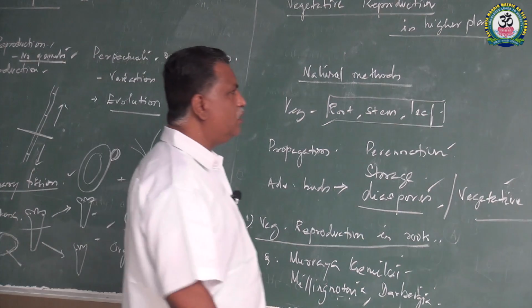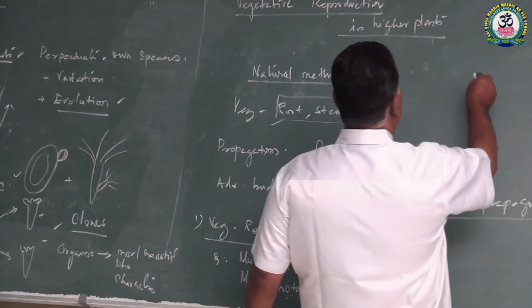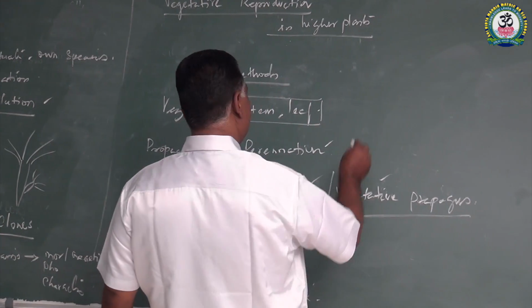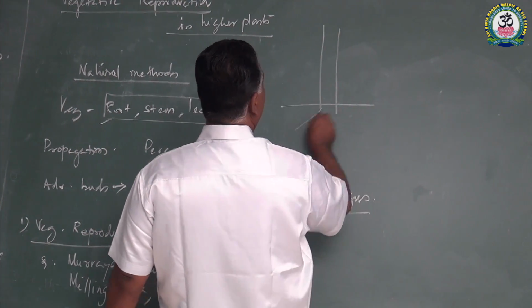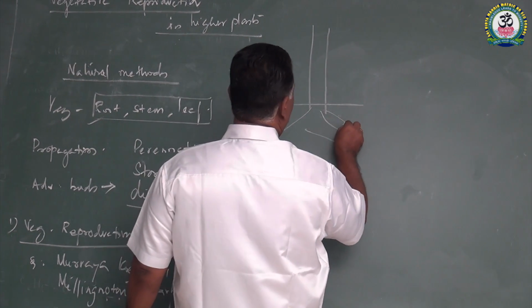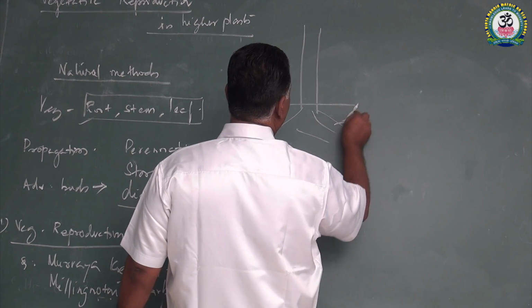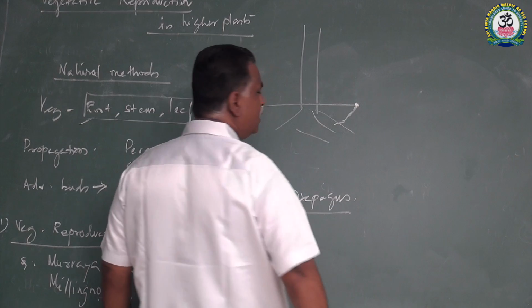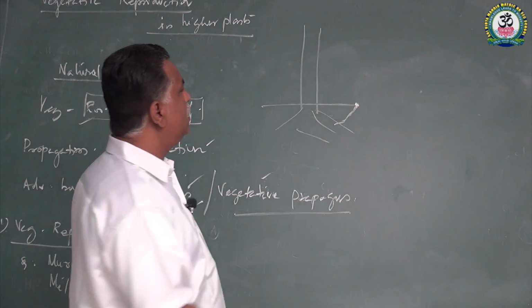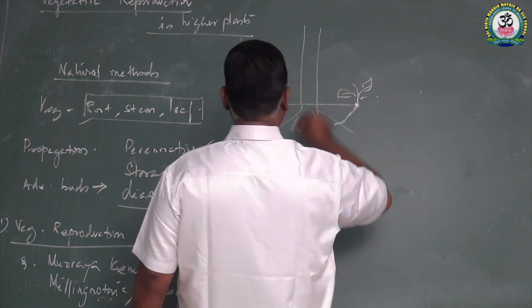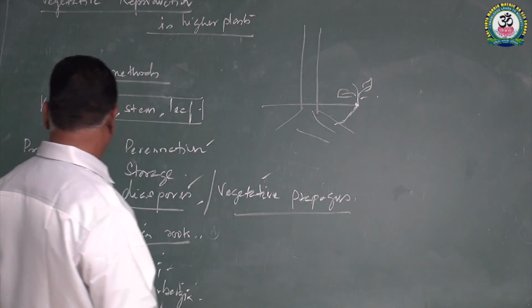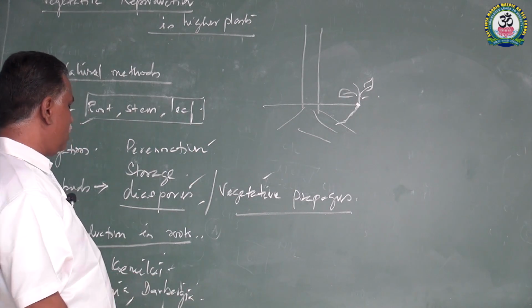See, you would have seen the Murraya plant, the curry leaf plant. If the stem is there and here are roots, some roots are aerial, and they produce an advantageous bud that can grow into a new plant. So this type of reproduction is found in Millingtonia and also in Dalbergia.